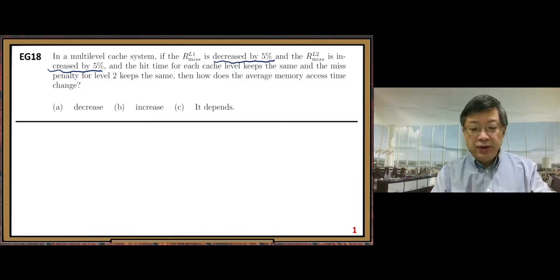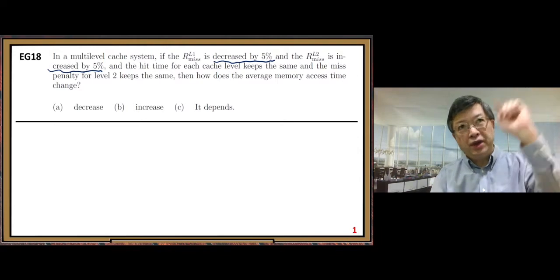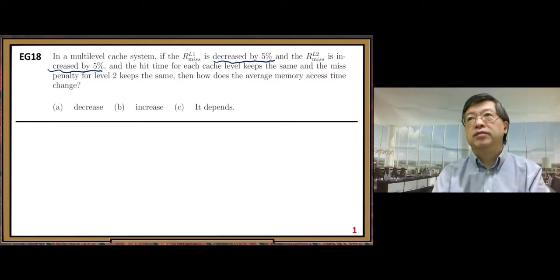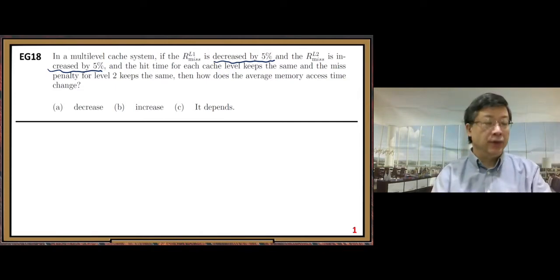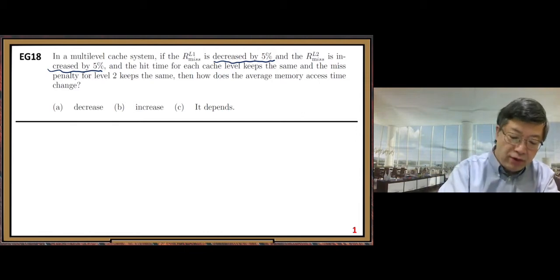So to solve this one, we need to use the average memory access time formula for two-level caches. So let's write that formula first.